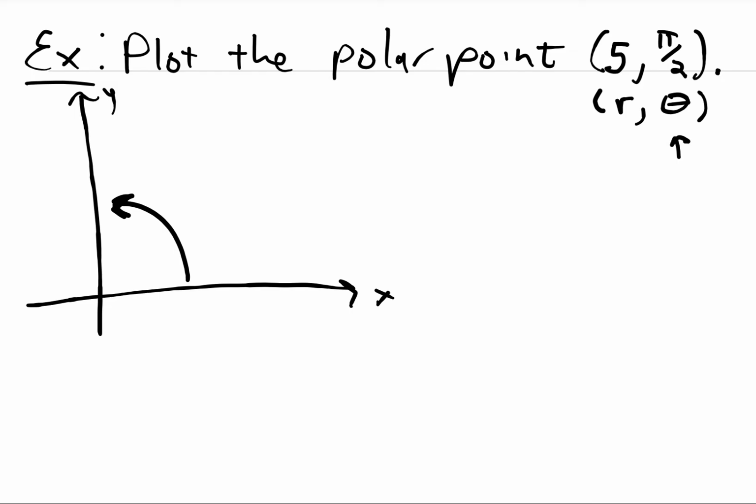We measure that in the standard direction. So here's my pi over 2. If you go over that far, it puts you somewhere on the positive y-axis. And then if you want to know how far up, that's what the r is for. So I go up 1, 2, 3, 4, 5 units on this y-axis, so that point right there is (5, pi over 2).